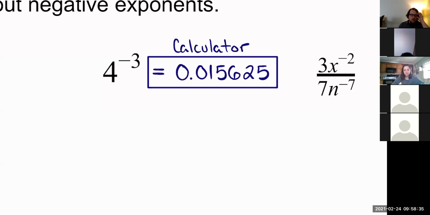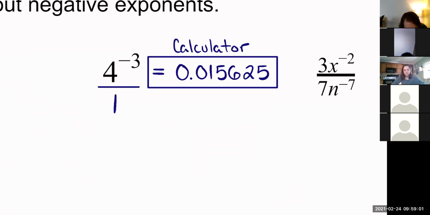But let me show you why we get this particular value. It has to do with the little trick we've been using to make the exponent positive. So Leanna, you were already ahead of me. You said, can we write it over 1? Why would you want to write this over 1? Because then you can flip it and it'd be 1 over 4 to the positive third power.